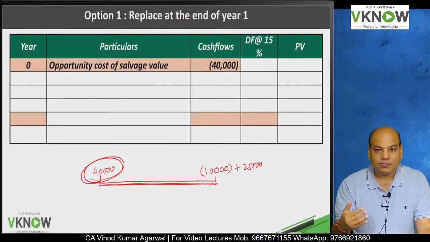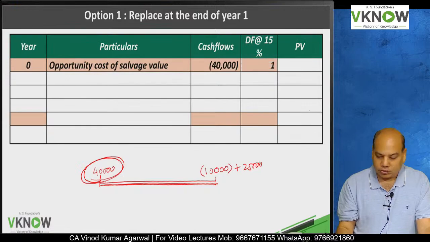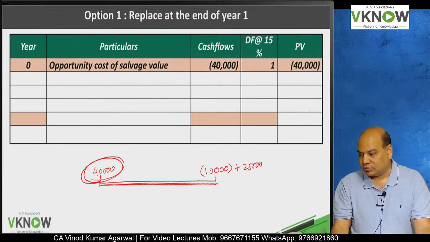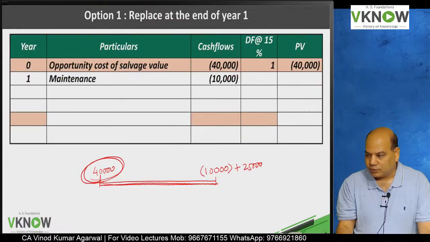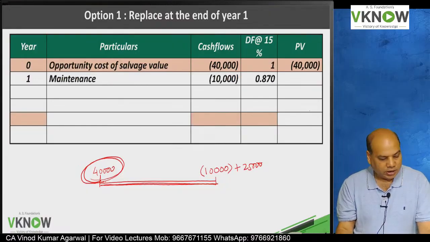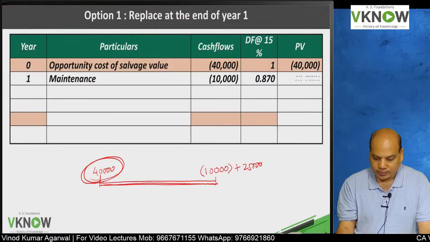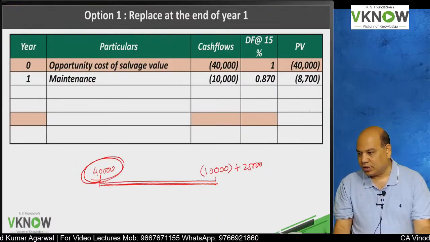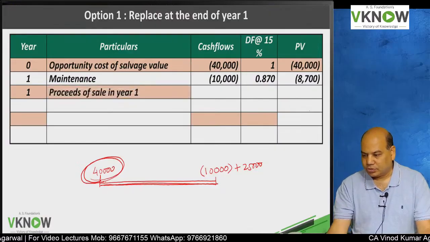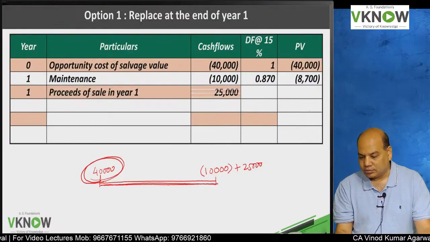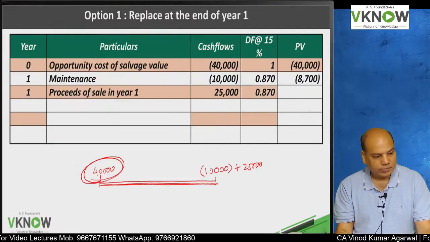Treat 40,000 as the cost of the old machine and you can use it for 1 year and then scrap. So if you use it for 1 year, maintenance will be incurred 10,000, present value 8,700, and you are going to sell it after year 1 for 25,000.